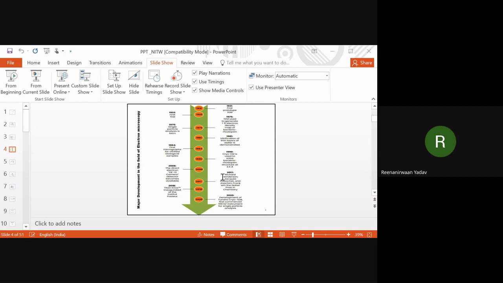And we all know that in 2017, the Nobel laureates got the Nobel Prize in cryo-electron microscopy for providing subatomic resolution structures. This is all.